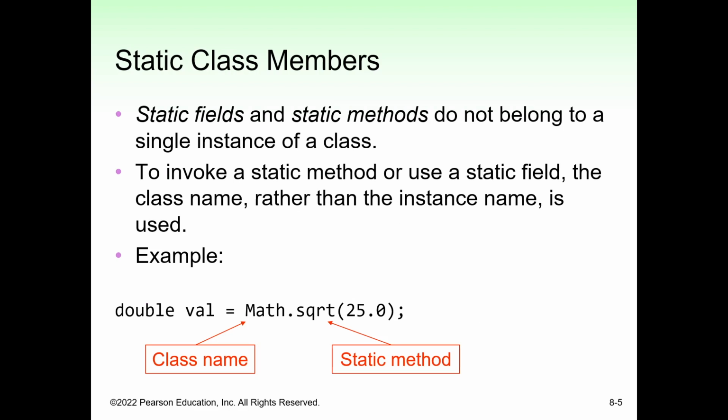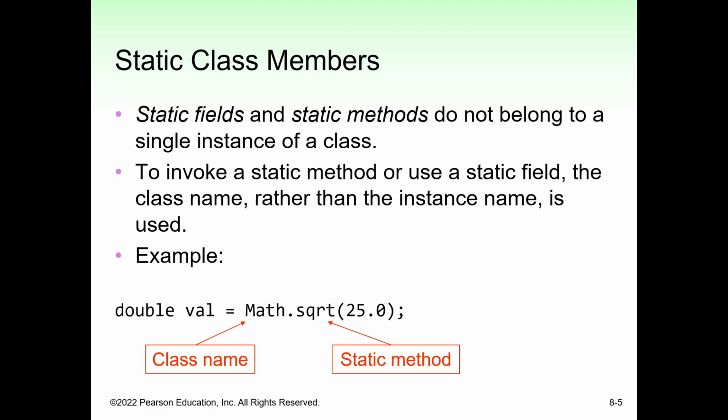Alright, so let's recall static methods and static fields. The difference between static and not static is that static fields and static methods do not belong to any single instance of a class. So they do not belong to any single object specifically.